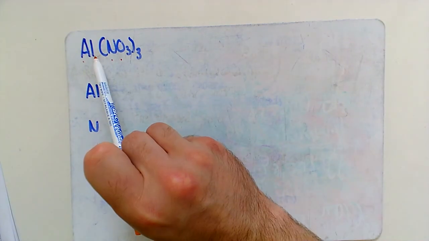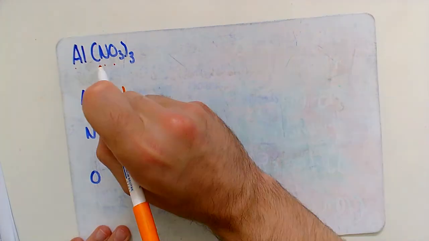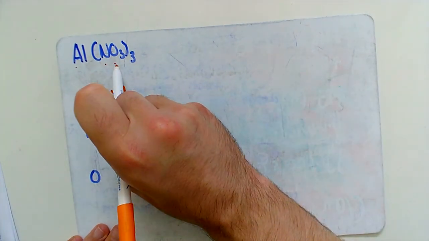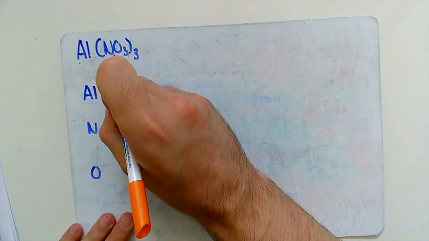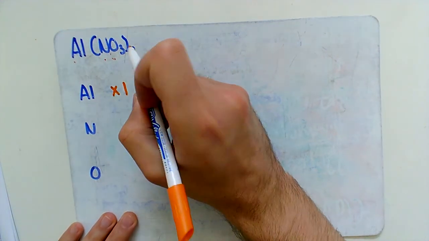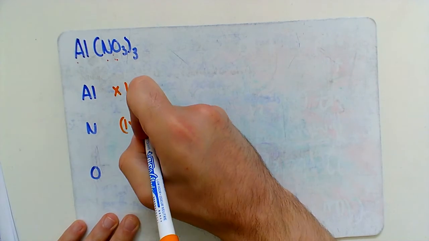Now we're going to look for how many of each type there are. So aluminium, no number after it, so there's one of it. Nitrogen, now inside the bracket, there's no number after it. No number here, but there's a 3 after that, so that is 1 times 3.